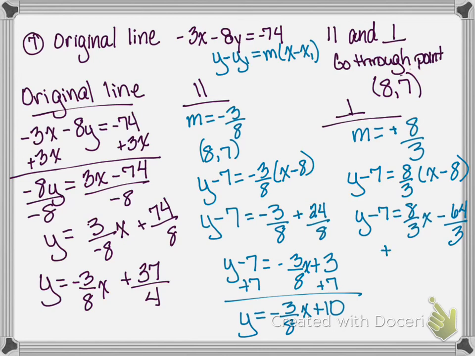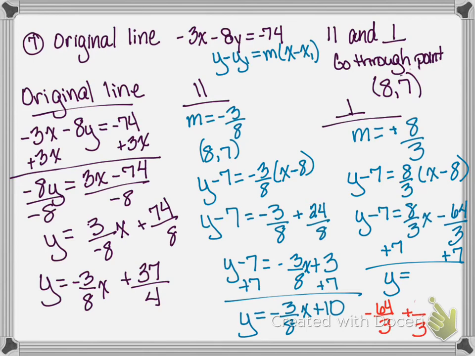Now I'm going to add 7 to both sides. So what I have, I'm going to do this in a different color. I have negative 64 over 3 plus 7 over 1. Now, I want to change that 7 over 1 to something over 3. Okay?